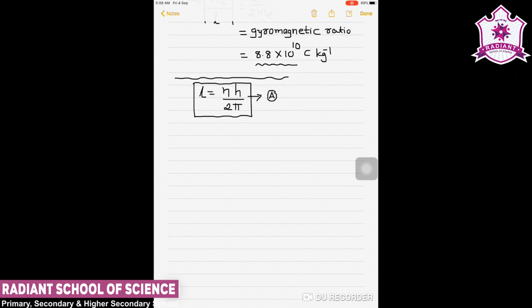Now from the above equation we have established that mu L can be written as e upon 2 me into L. In place of this L, if we replace equation 1, we have e over 2 me into n h upon 2 pi.